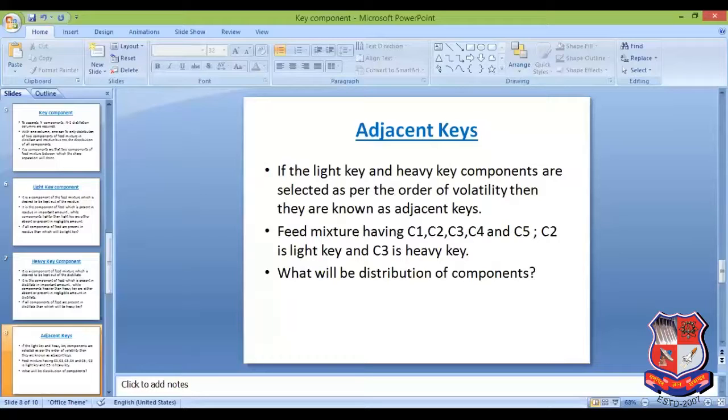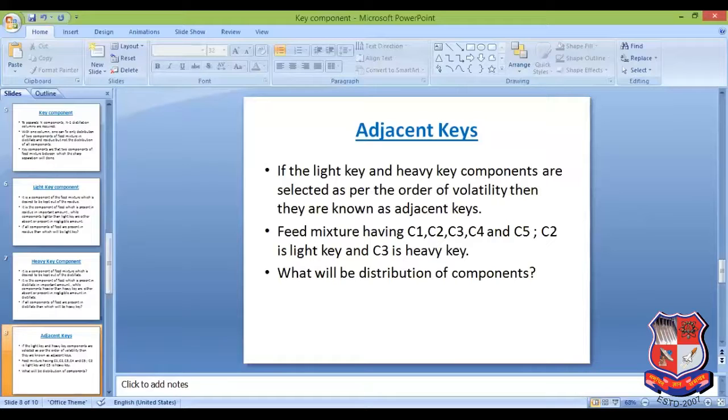Now we choose C2, that means ethane, as my light key, and C3, that means propane, as my heavy key, right? So this is the case of adjacent keys, because over here C2 and C3 are as per order of their volatility, that means from lower boiling point to higher boiling point. So this is known as adjacent keys. That means there will not be any component in between them.